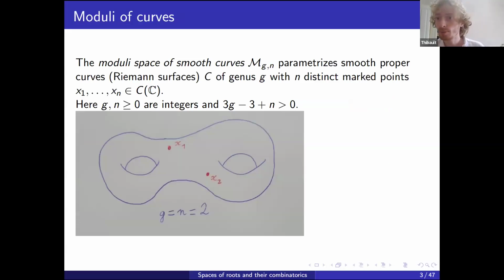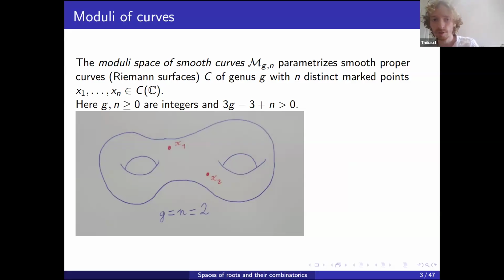So if we want to do roots of line bundles on curves, we first have to talk about curves. Many of you might know this guy, but let's introduce it. If you take smooth curves, so over C, this means Riemann surfaces with a bunch of markings, so distinguished points of them, there is a space that parameterizes these pictures, and it's called M_{g,n}.